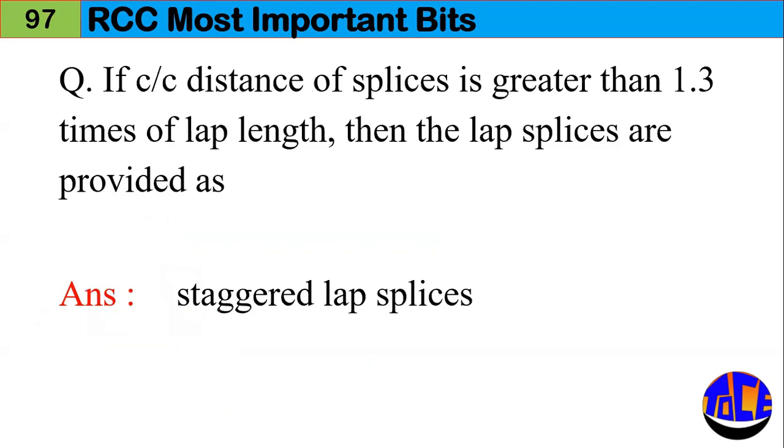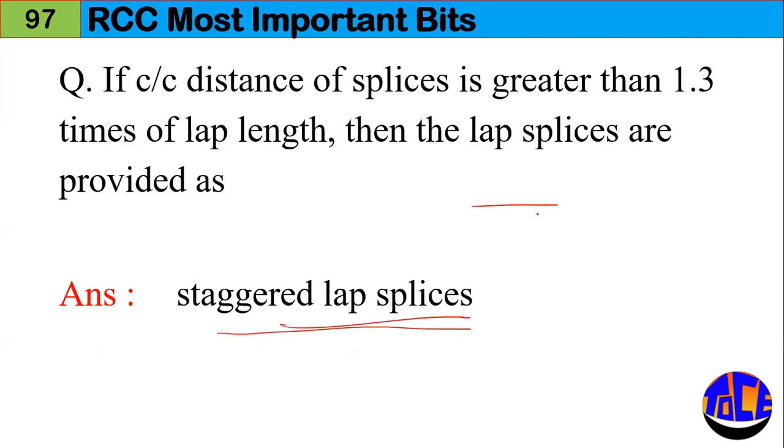Question number 97. If the center to center distance of splices is greater than 1.3 times of lap length, then the lap splices are provided as staggered lap splices.